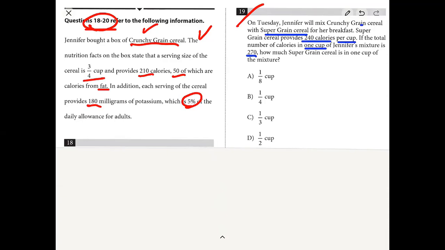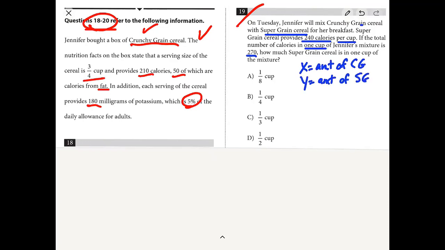So we are mixing super grain with crunchy grain, and we want to know how much we should mix of each to get a mixture that is 270 calories. So here's what I'm going to do. I'm going to say X is the amount of crunchy grain, all right, and Y is the amount of super grain.